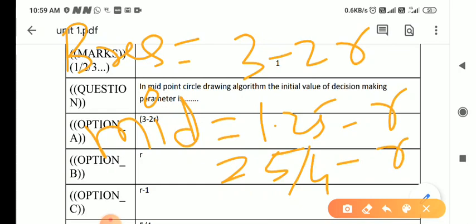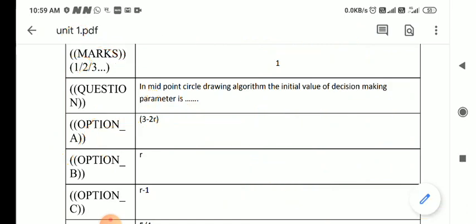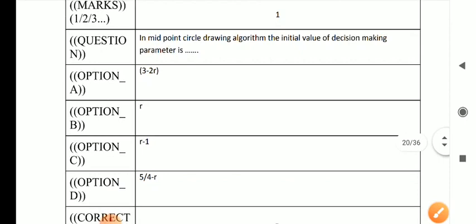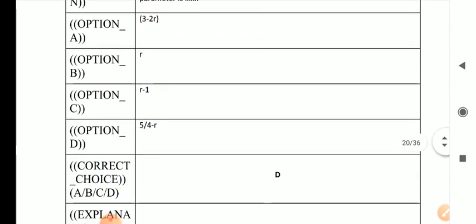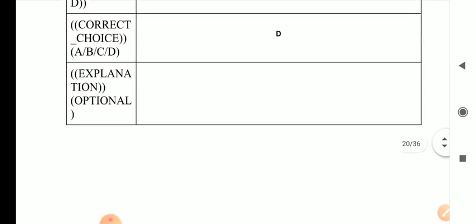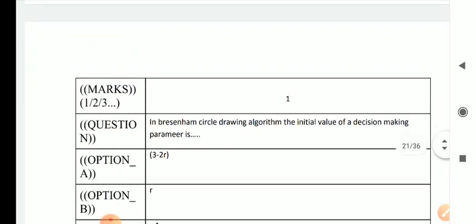If you calculate this, you will get 1.25. So for midpoint the answer is 5 by 4 minus r, or 1.25 minus r, and for BRESENHAM's circle drawing it is 3 minus 2r. So for midpoint the answer is D, 5 by 4 minus r, the initial decision parameter.